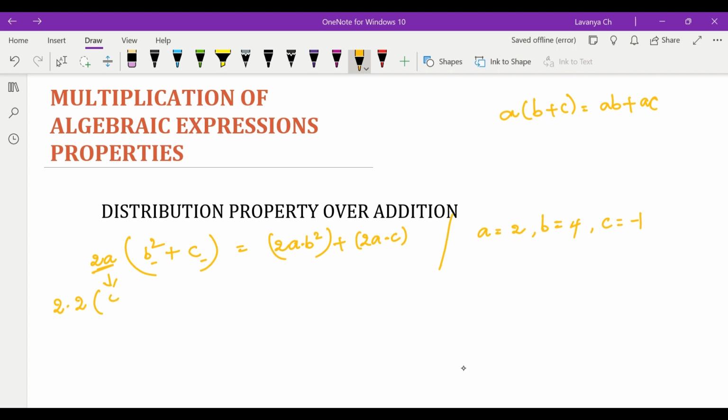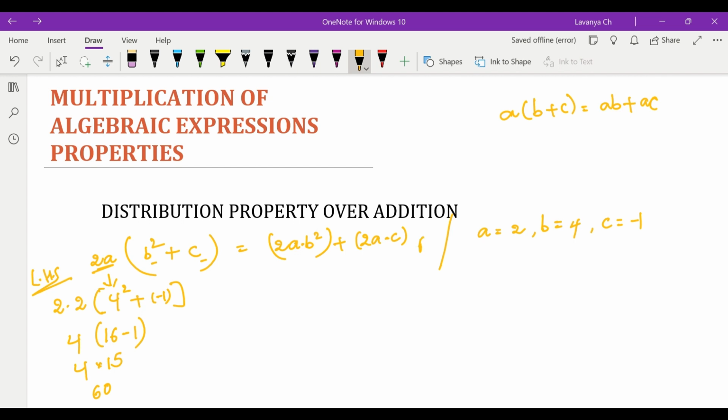In place of b, we write 4 square, plus in place of c, minus 1. 2 into 2 is 4, 4 square is 16, plus of minus means minus 1. 16 minus 1 is 15. So 4 into 15 is 60. This is the left hand side of this equation.